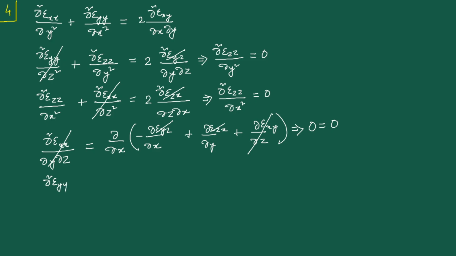Next, the next compatibility equation is in terms of the epsilon yy. So this is del z del x is equal to, again just like before, we follow a similar strategy for writing this out.